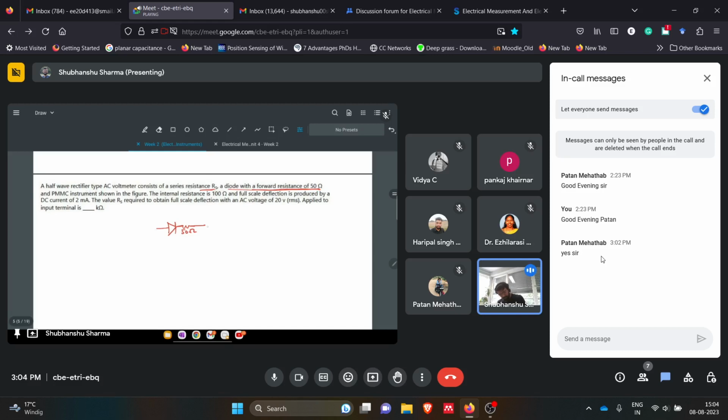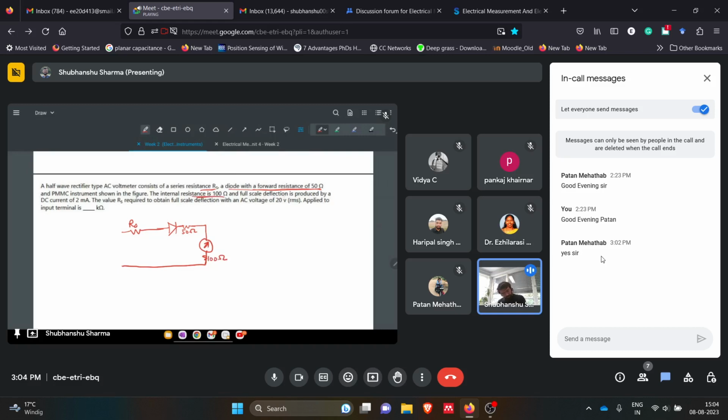They haven't given the value of this RS. We have the forward resistance and the PMMC instrument as shown in the figure. The internal resistance is 100 ohms, so this is having an internal resistance of 100 ohm, that we know.